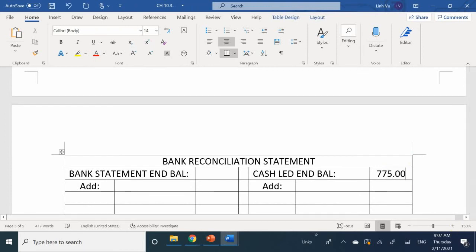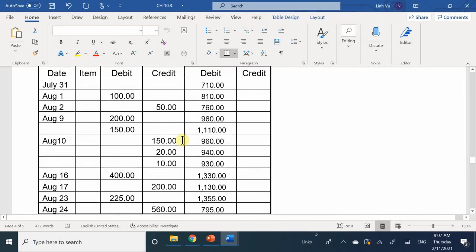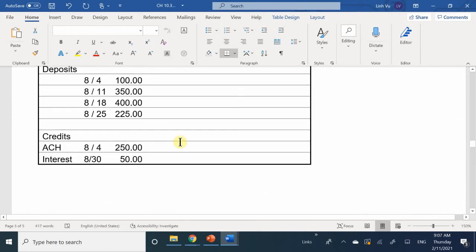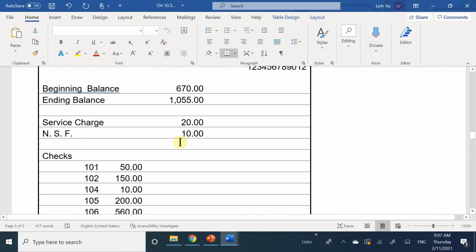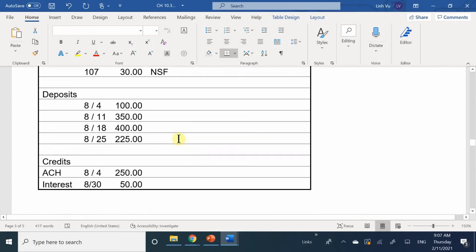All right. Now, when we're dealing with the cash side, what are we adding? We're adding our interest. We can find our interest and auto clearinghouse on our bank statement, located at the very bottom.